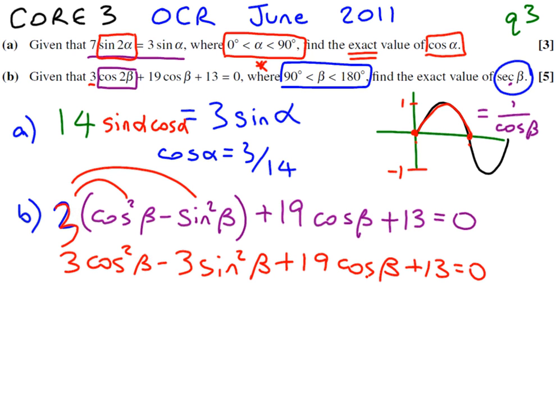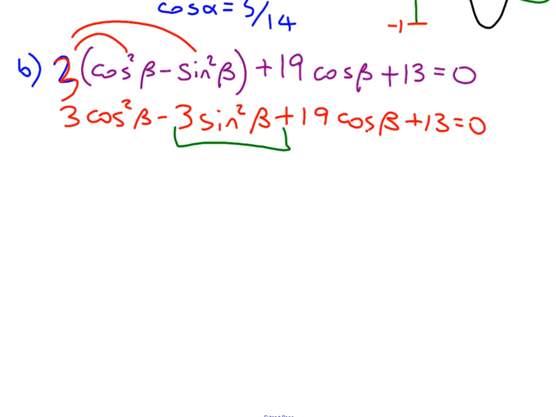We want to simplify this. Now we only want cos in our expression because we're aiming for 1 over cos as our answer. So we need to use another trig identity, that sine squared theta plus cos squared theta is 1, to transform this to 1 minus cos squared beta.